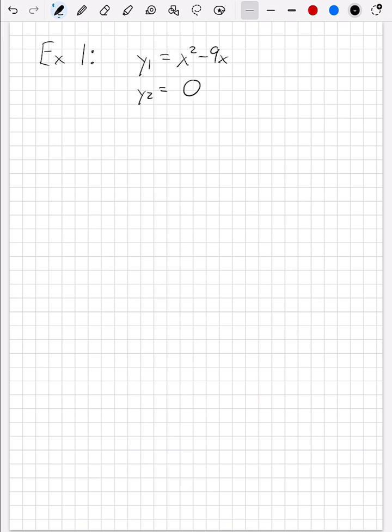A lot of the homework questions show you the graph, but you may have to graph it yourself. What this looks like, x squared minus 9x looks something like that, with 9 being right there. So this is y1. y2 being 0, it just goes across the x-axis.